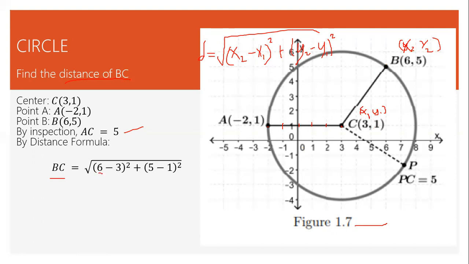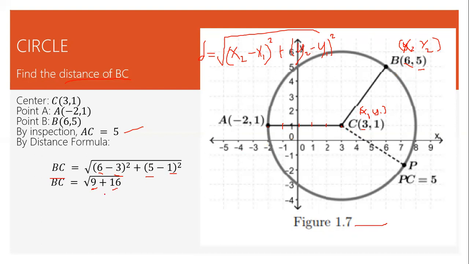So x sub 2 is 6 minus x sub 1, which is 3, quantity squared, plus y sub 2, which is 5, minus y sub 1, which is 1. 6 minus 3 is 3. 3 squared is 9. 5 minus 1 is 4. 4 squared is 16.